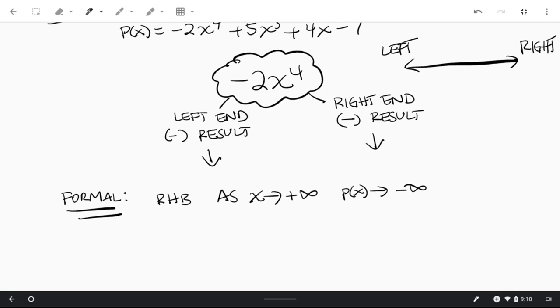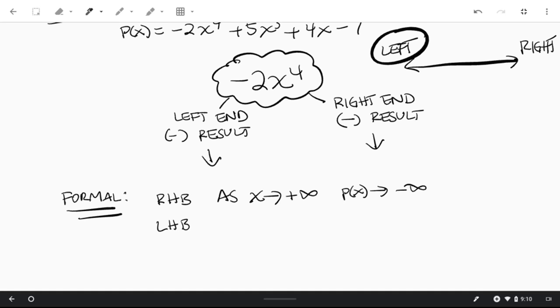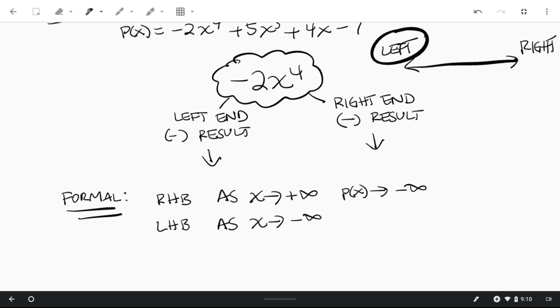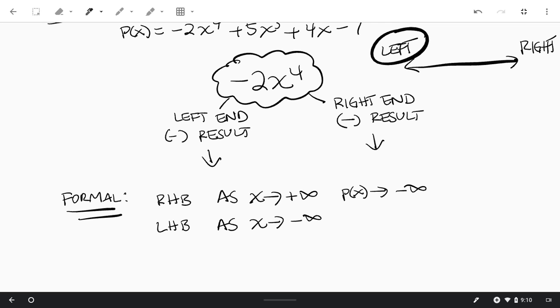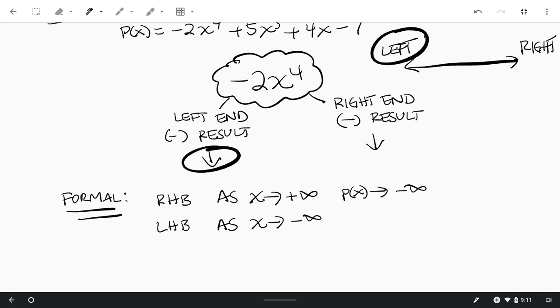And for the left-hand behavior, all the x's go towards negative infinity. So as x goes towards negative infinity, we found out over here that our polynomial goes downwards, so it goes towards negative infinity.